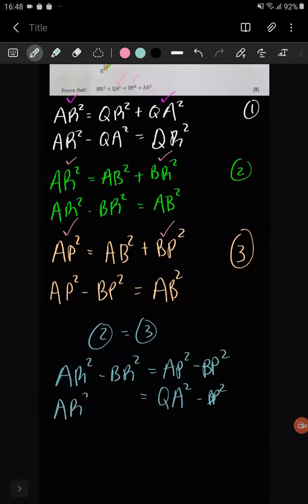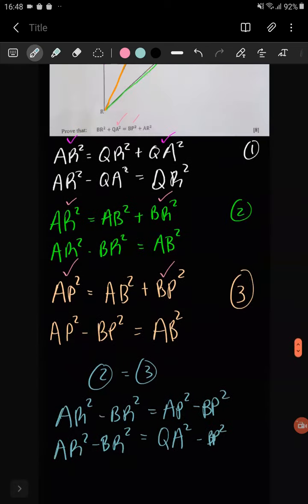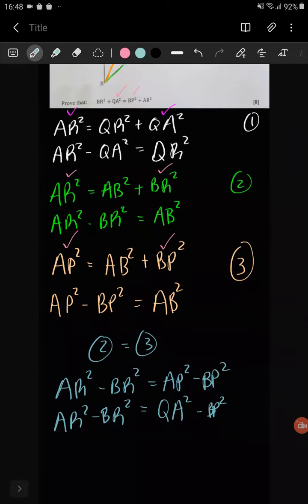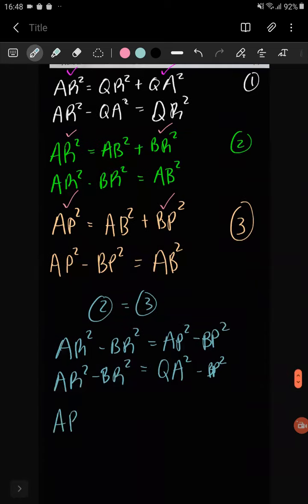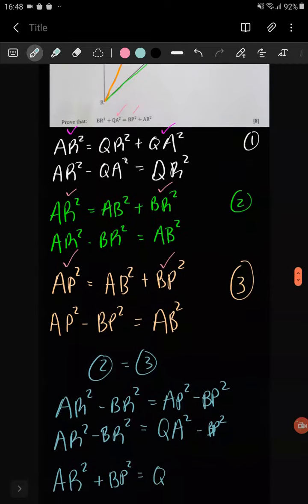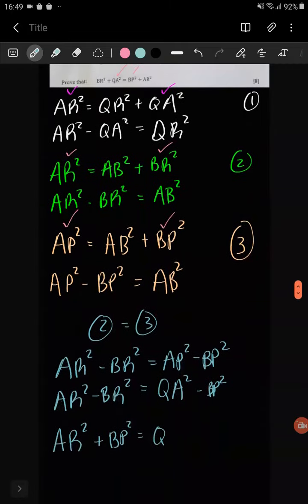And then AR squared minus BR. Do we have what we need now? It looks like we almost have. There's BR there. There's AR. Oh, yeah, let's take the BR to the other side. And let's take the BP to the other side. Yeah, then we're done. Oh my goodness. I feel like I overestimated this question way too hard, because it's so easy. Wow, it's almost shocking. I can't believe it.